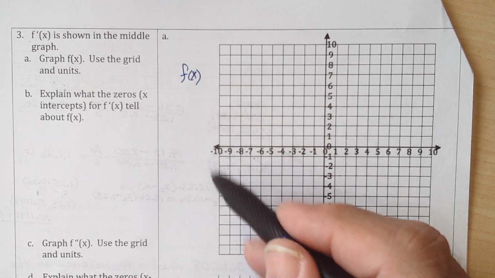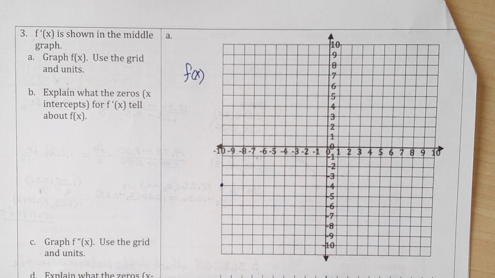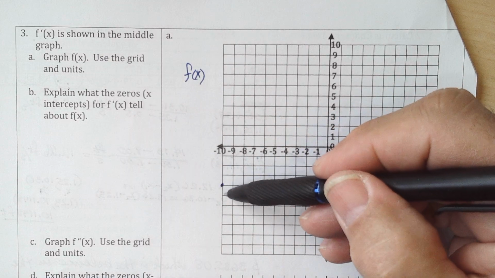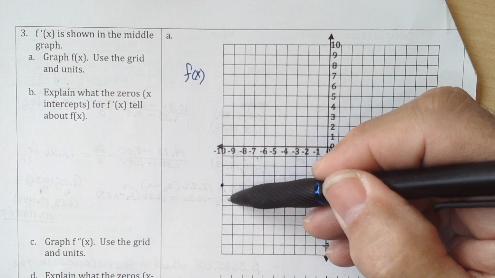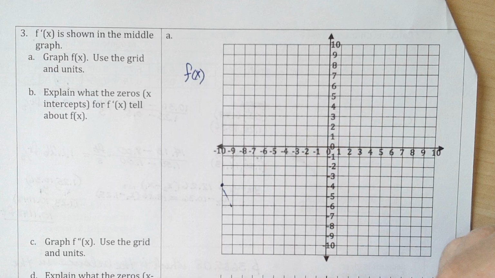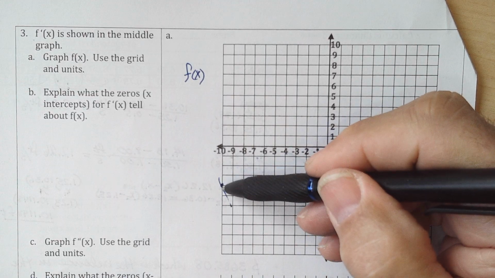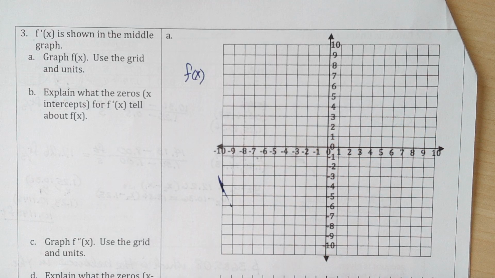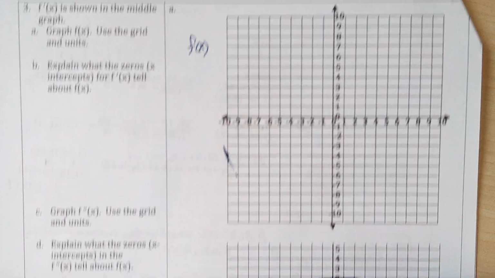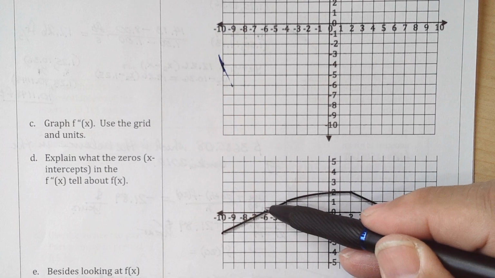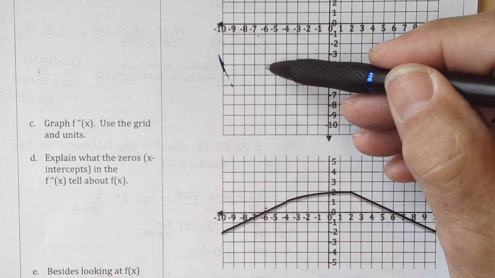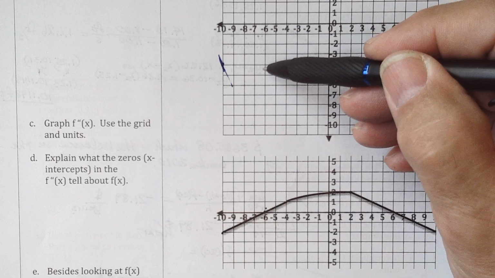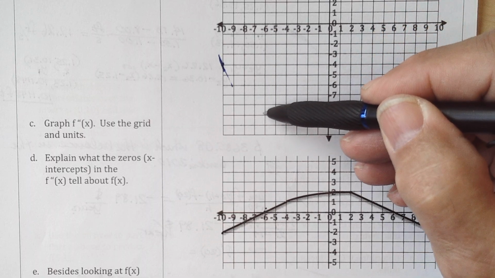So I'm going to start maybe here, and I need to go down with a slope of -2 to start with. Well, -2 is about like that. So I'm supposed to be going down like that, but by the time I get to -6, you can't see it here. By the time I get to -6, I've got to be at a slope of 0.